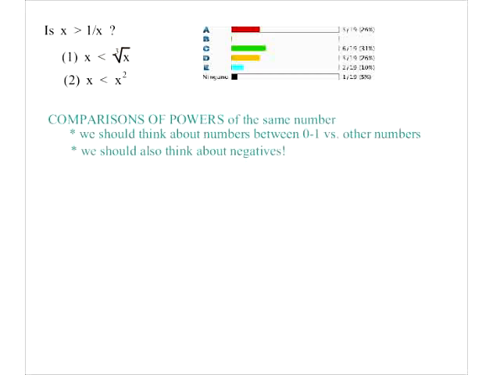But let's think about the intervals of numbers between those things. So we have, here's a number line. Here's the 4 regions of the number line that we're most concerned with here. So let's think about these 4 areas of the number line.